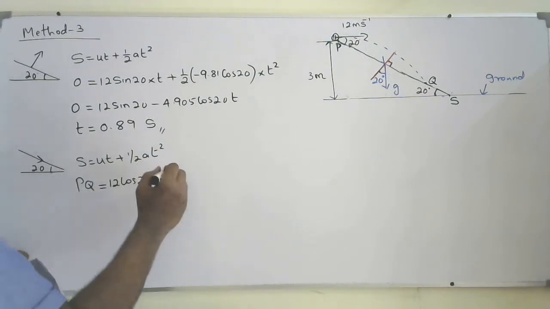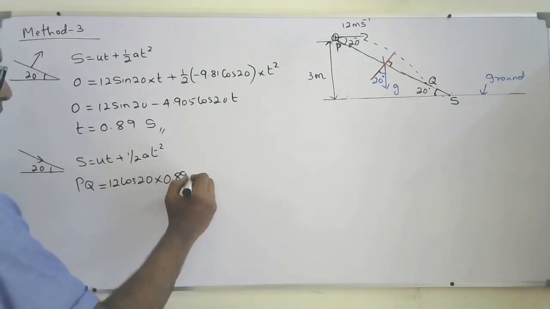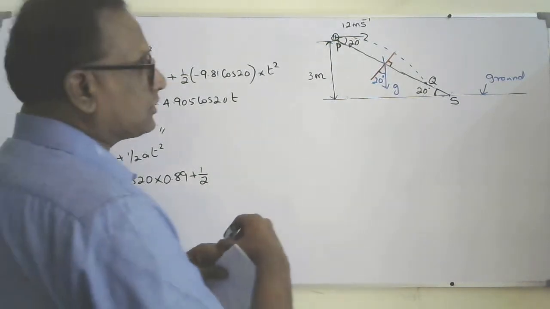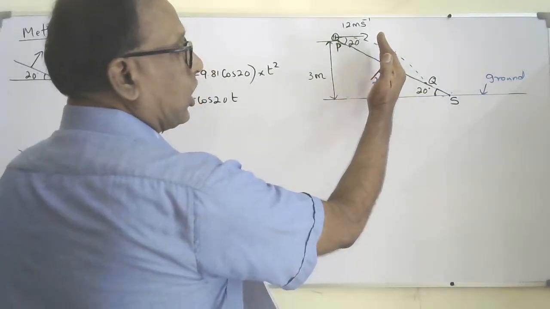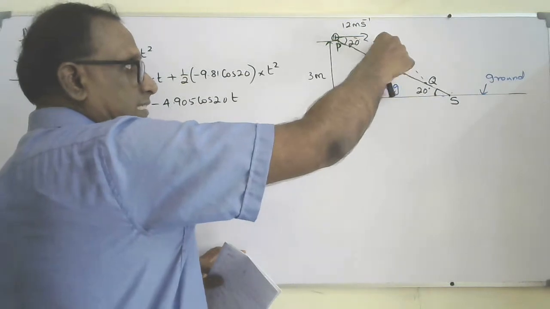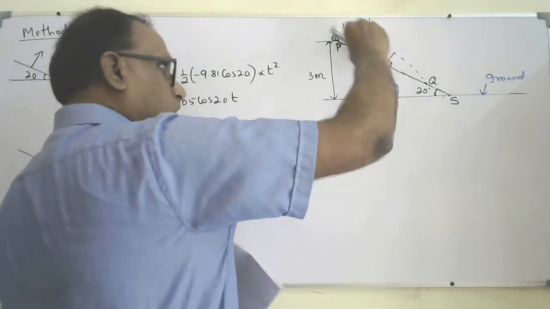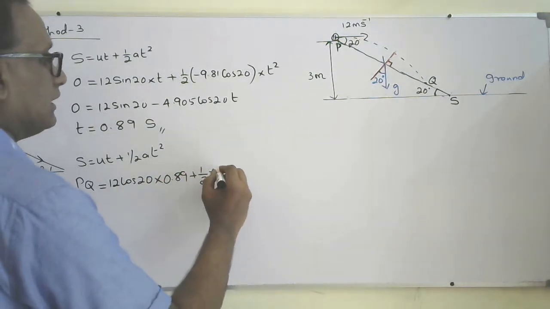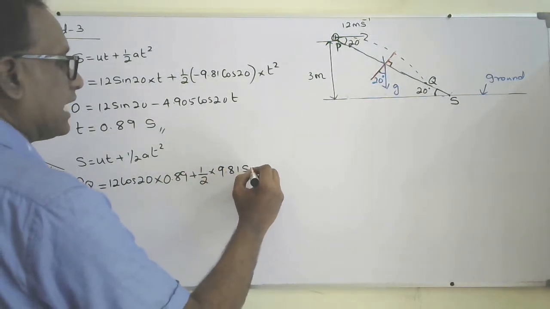So the displacement PQ equals initial velocity 12 cos 20 into the time we know, 0.89, plus half into acceleration. When we consider along the slope, it will be g sine 20 downwards along the slope. So that is 9.81 sine 20.